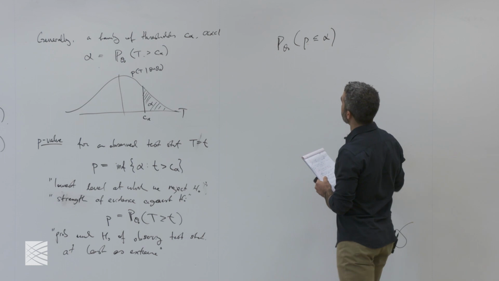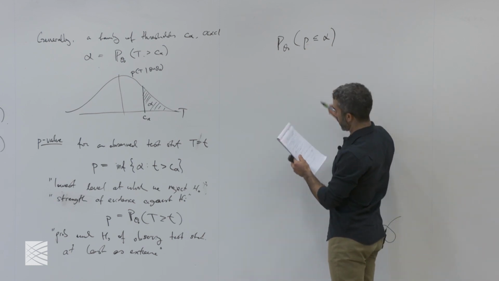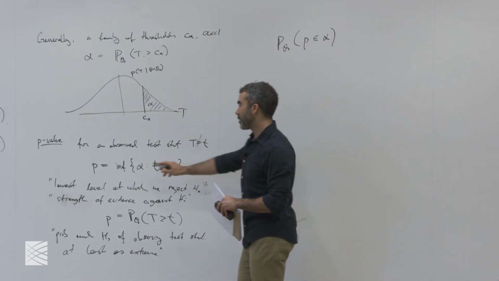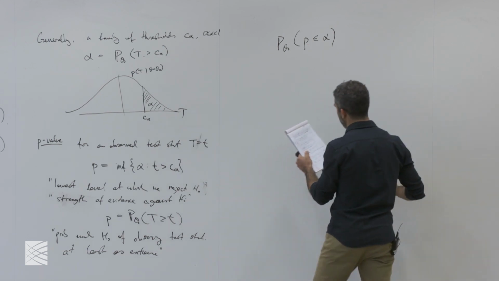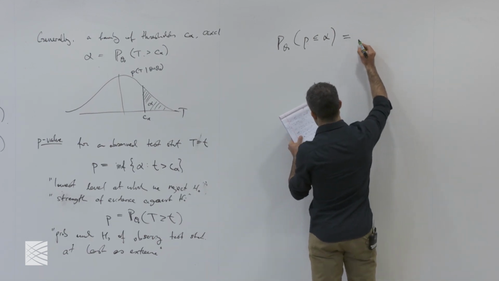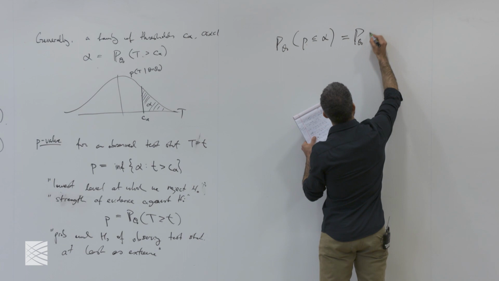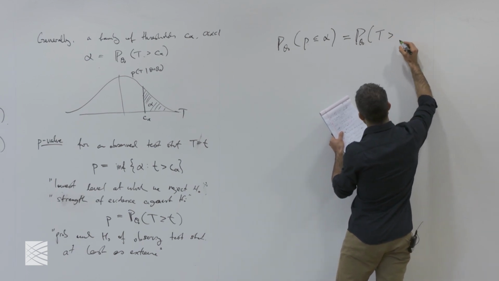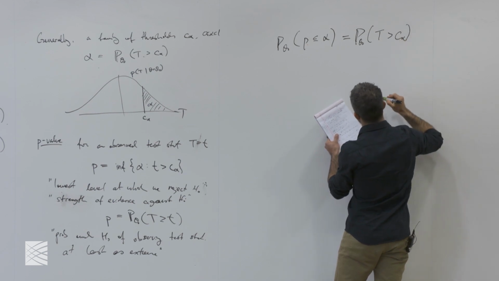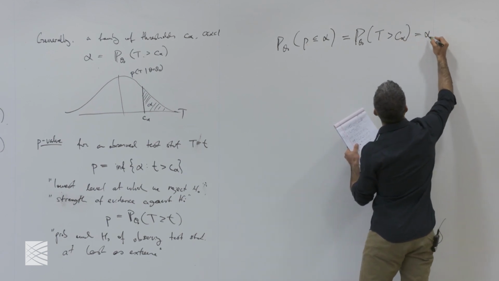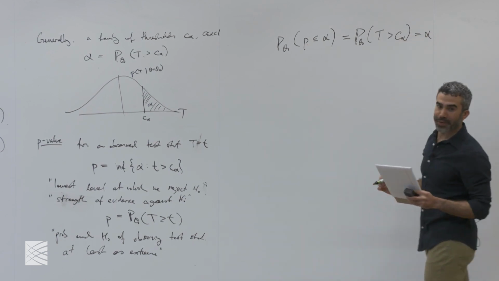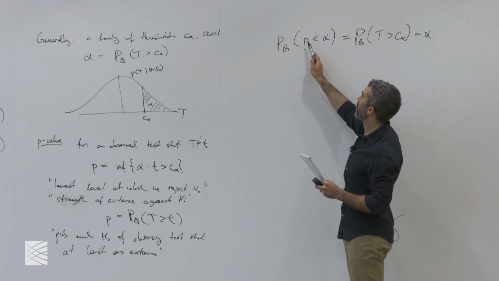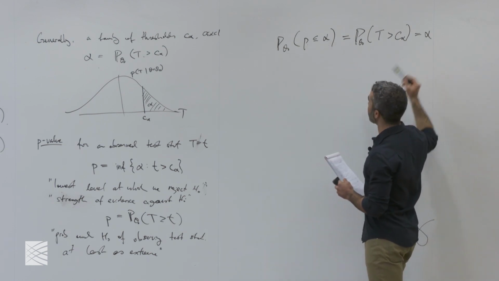So for some alpha, the probability under the null that p is less than alpha, if you look at this definition, it's equivalent to the test statistic being larger than C alpha, which, by the way we define C alpha, is alpha. So the probability under the null that the p-value is at most alpha is alpha.